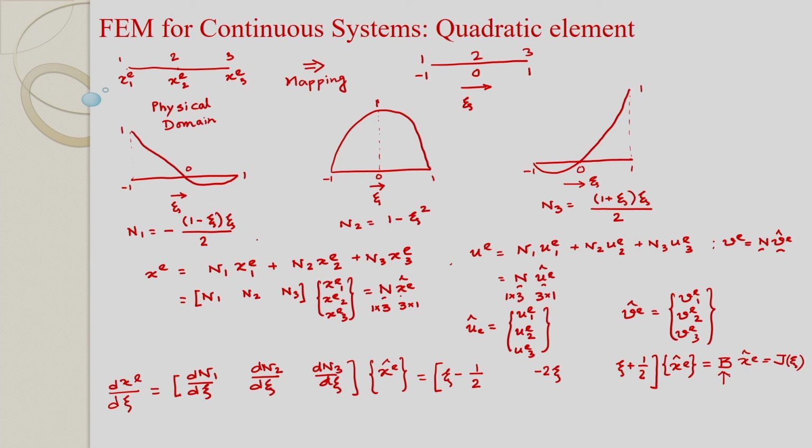In linear it was minus half, half; here it is a function of xi. So, from here we can write d x e is J d xi.